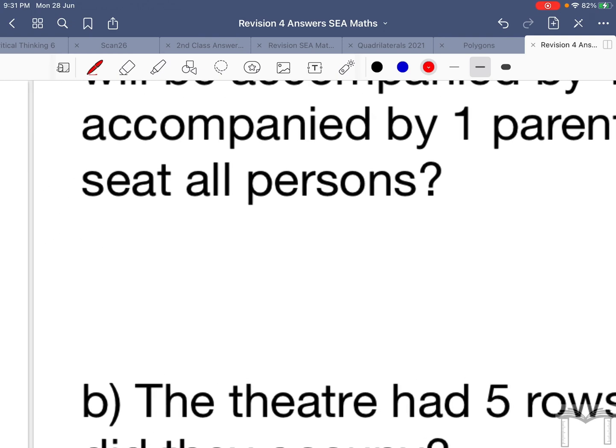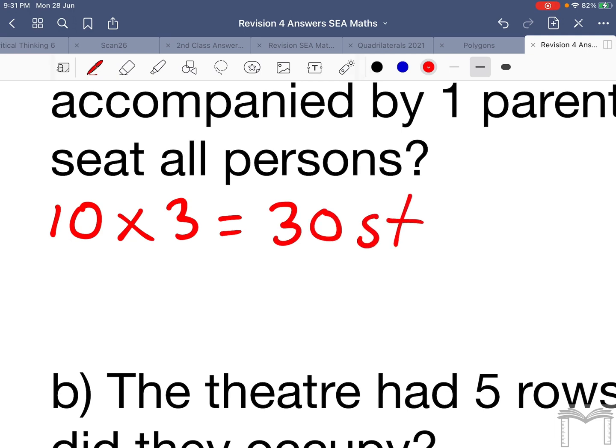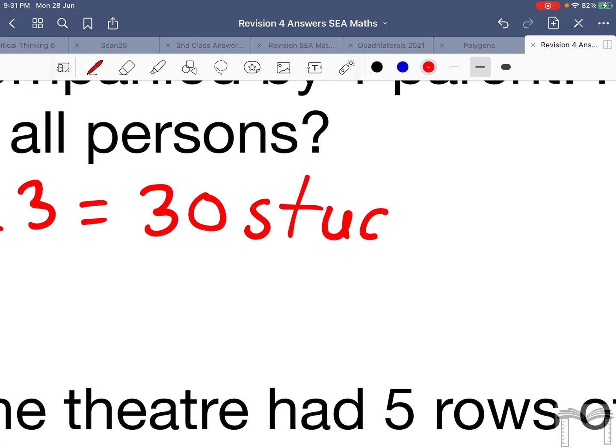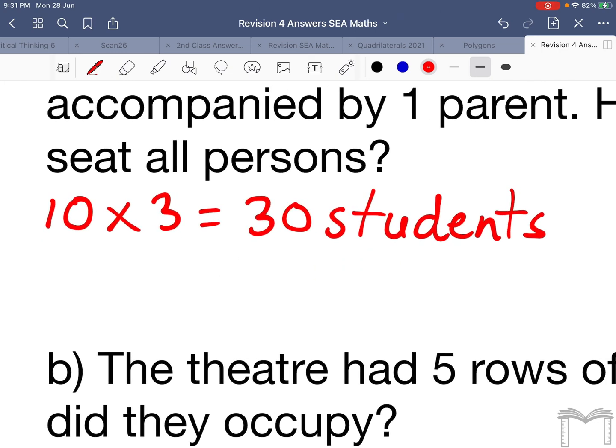So in total, 5 boys plus 5 girls will be 10 students in each of 3 classes. So that's 10 times 3 is 30 students. For every class, there will be 1 teacher, so 3 classes will be 3 teachers.